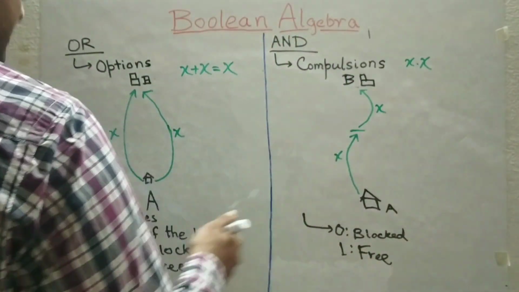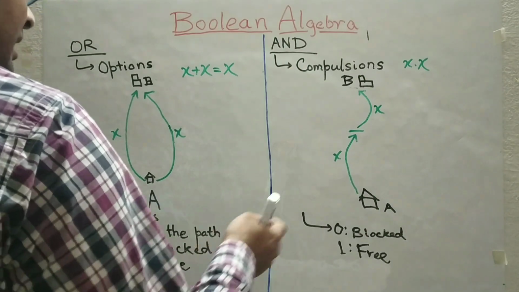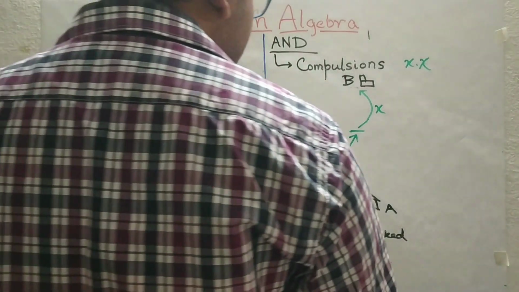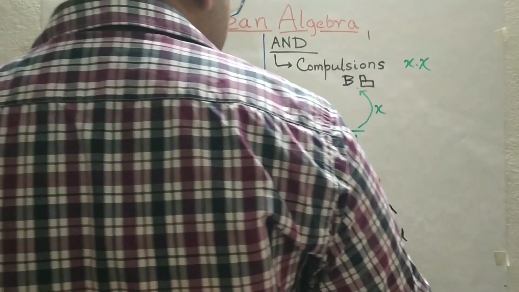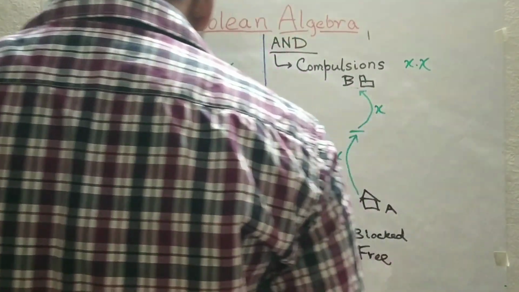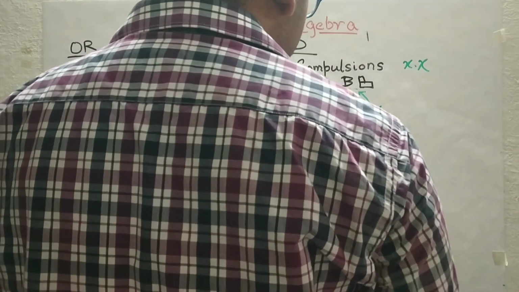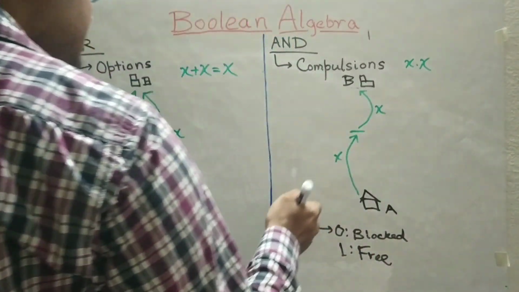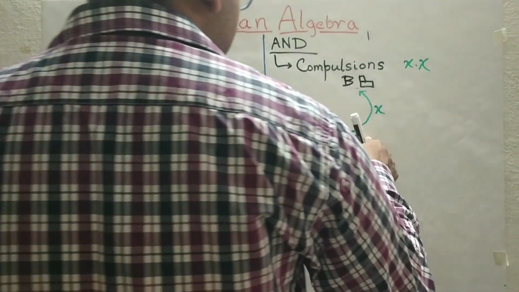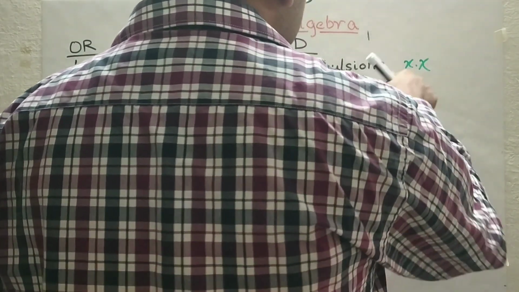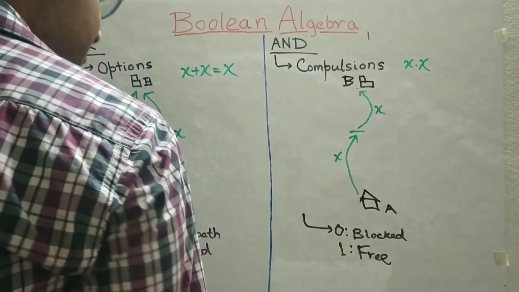If both the paths are free, then you can go from A to B. If both the paths are blocked, you cannot go, obviously. So here also knowing one of the values is sufficient, because whatever the state up to this point, the same will be the state from this point to this point.